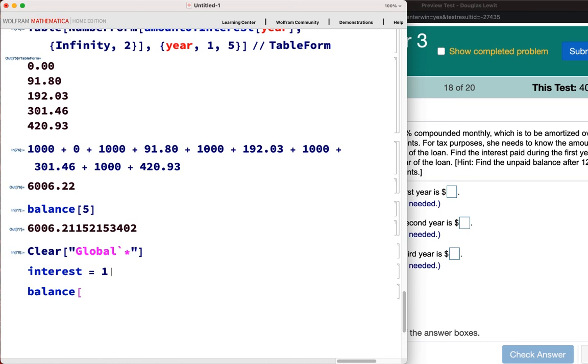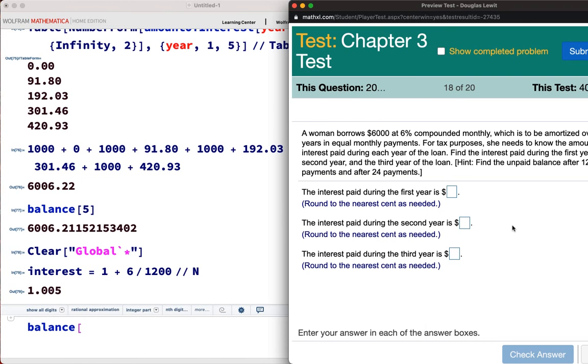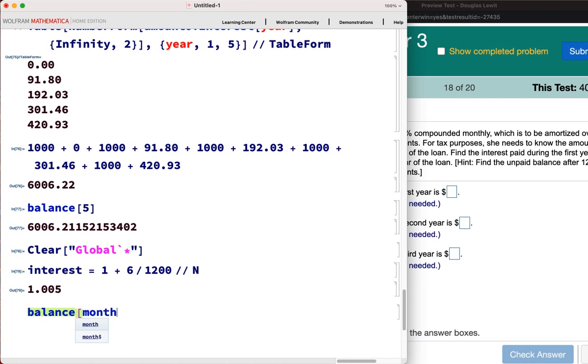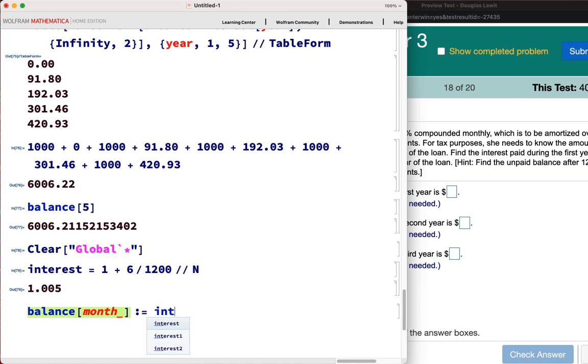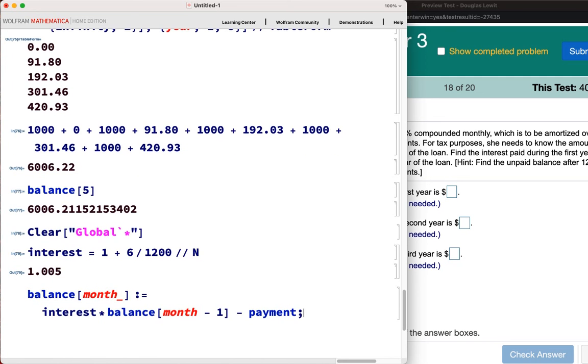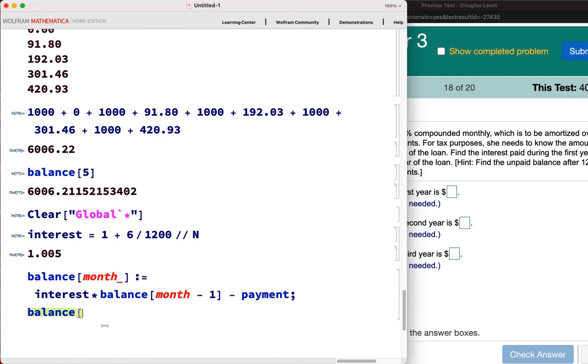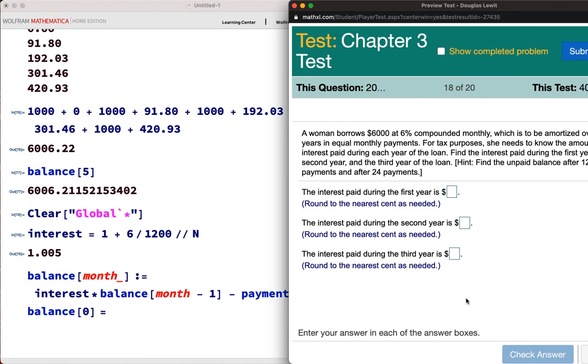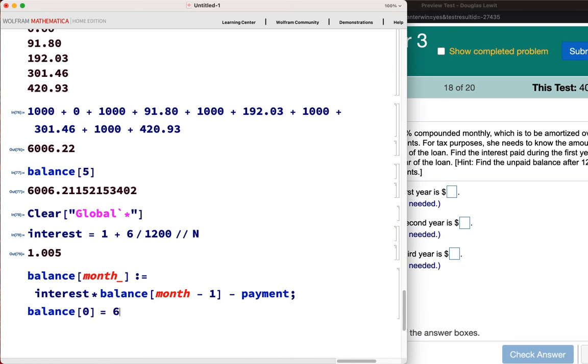Our interest is 1 plus 6 divided by 1,200, 6% divided by 1,200. Balance month is equal to interest times the previous month minus the payment, but we don't know what that is. And initially it is going to be, let me see, we borrow $6,000.